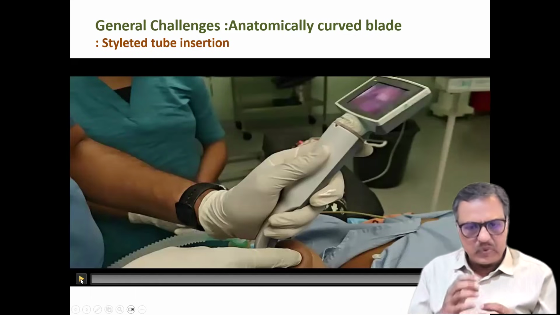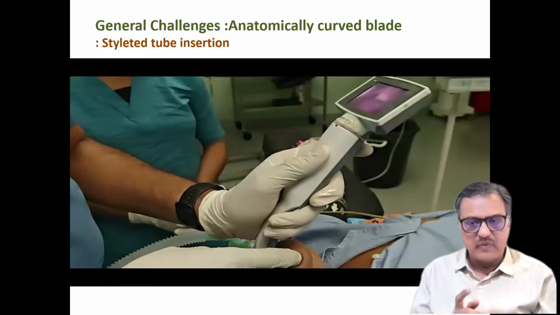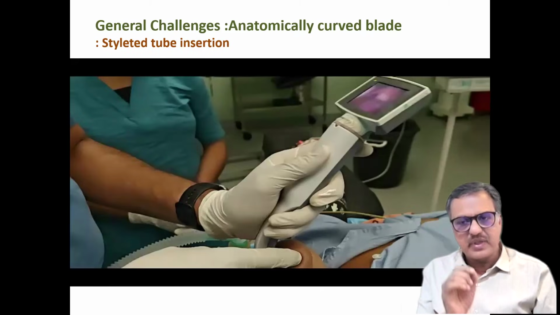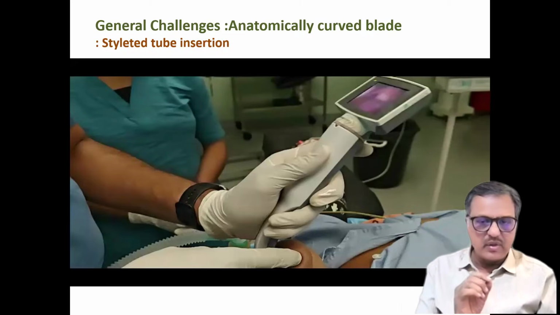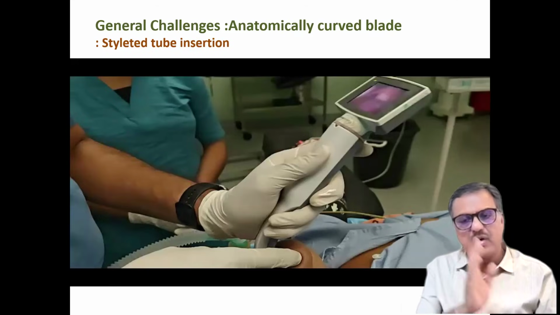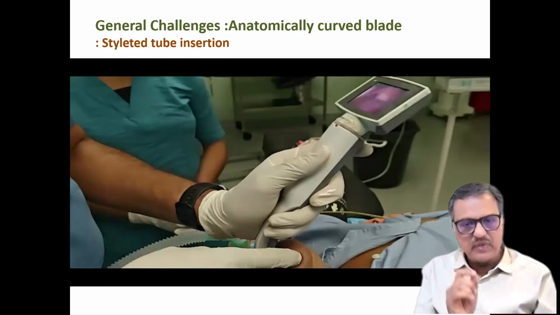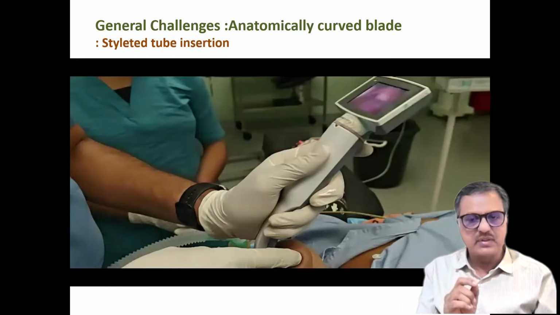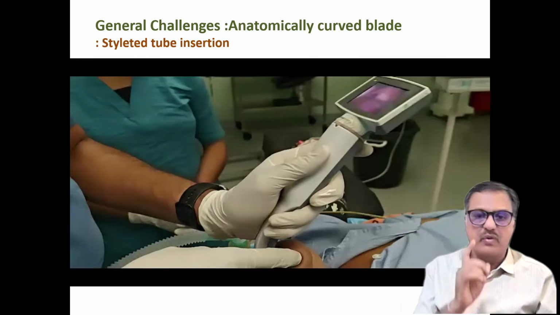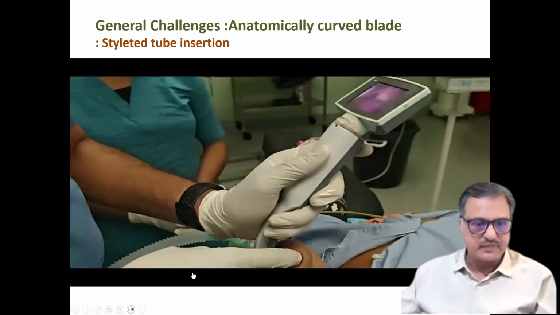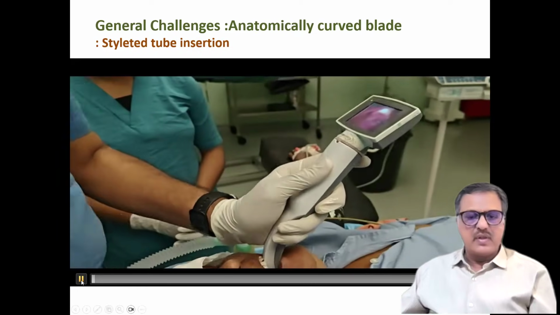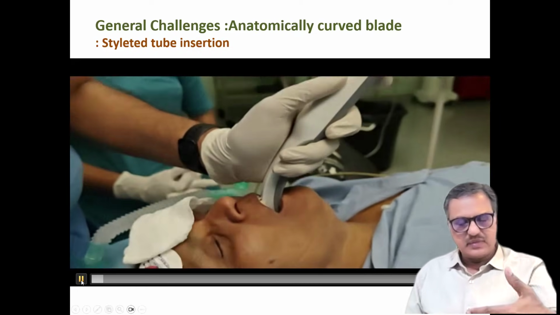Another important thing: when you are using an anatomically curved blade, or hyperangulated blade, or J-shaped blade, all videolaryngoscopic blade insertion has to be done in the midline. Now suppose you have inserted the scope.